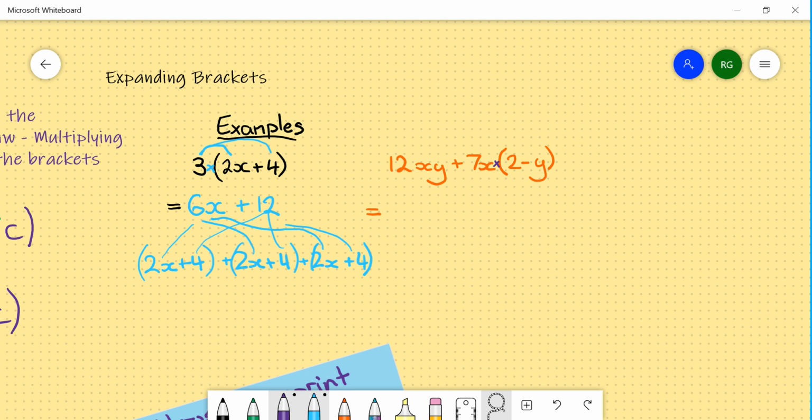So I'm going to rewrite out this first part as I'm not doing anything with that yet. Now we go 7x multiplied by 2, which is 14x, and then 7x, bearing in mind this is positive 7, 7x multiplied by negative y gives us a negative value of negative 7xy.